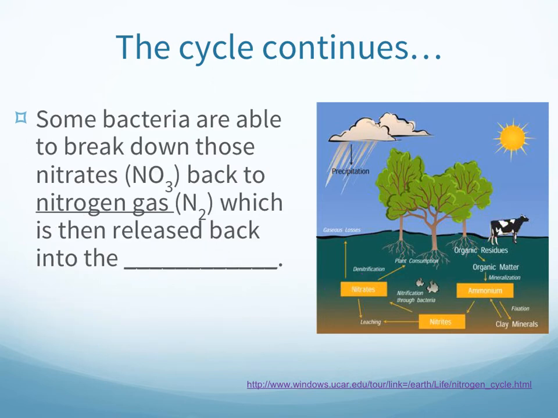So we've seen the nitrogen happen in all four spheres, but let's just be clear on how it gets back full circle. It's that BFF bacteria one more time coming into play. There's another type of bacteria where they break the nitrates down back into the nitrogen gas. And once that nitrogen gas is restored, it will then make its way back to the atmosphere.